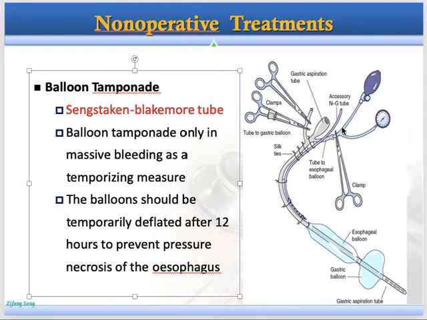You can see this tube, what they do, they put it inside the esophagus, and once they reach the required place, they inflate these balloons to cause pressure, to give a tamponade effect, and to stop the bleeding, right? So these are minimally invasive, less interventional. It is invasive, of course, but it is less interventional. Of course, you are not opening anything, but you are trying to stop the bleed.